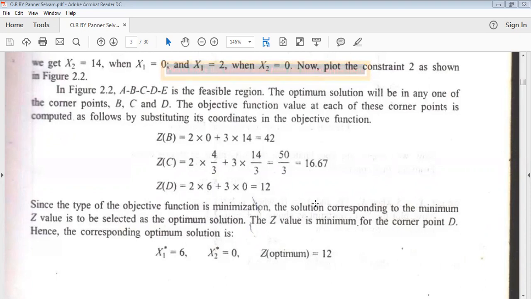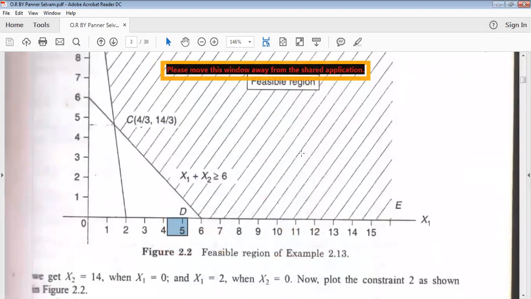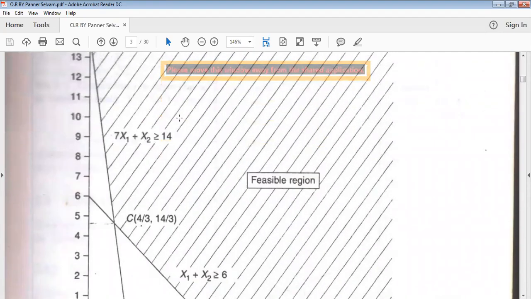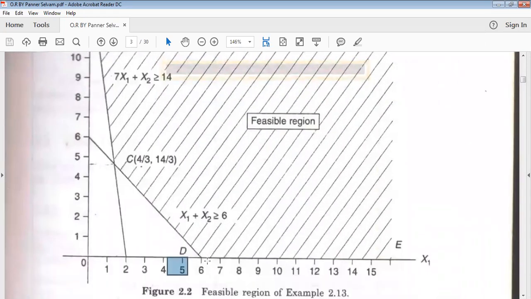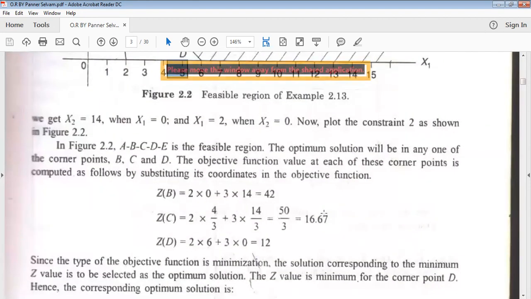If constraints are greater than or equal to, the feasible region you have to hatch above the particular lines. And if the constraints are less than or equal to, you have to hatch below the line. These are the important things one should remember. When you get the points, the feasible region is surrounded by B, C, and D. Substitute all the points in the maximization or minimization function, whatever it may be.